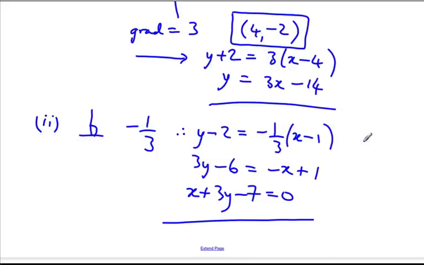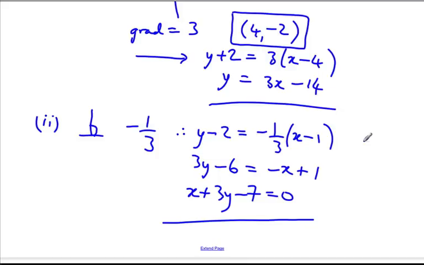When you multiply everything by 3 to get rid of it. Yeah, the right-hand side, the 3 gets cancelled. That's all that happens on the right-hand side. The 3 disappears. And this becomes 3 lots of that and 3 lots of that. And the minus 1, I multiply it into the bracket, and it makes the minus x minus minus plus.